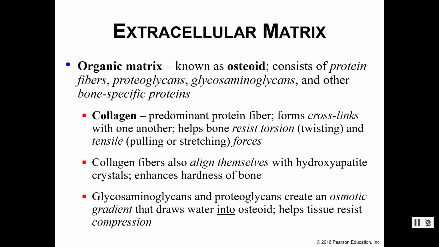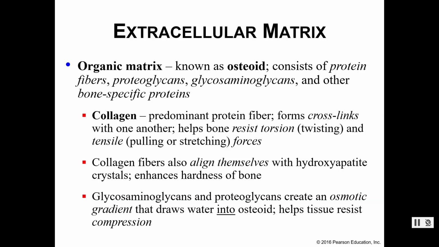Now, the organic matrix. Okay, sometimes you'll hear this termed osteoid. You've got protein fibers here, proteoglycans, glycosaminoglycans. Okay, collagen. Okay, we've been talking about collagen for a while now. This is the predominant protein fiber within the bones themselves.